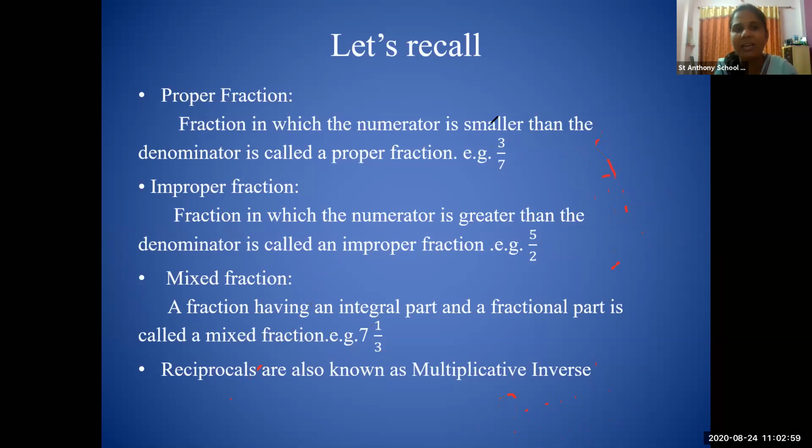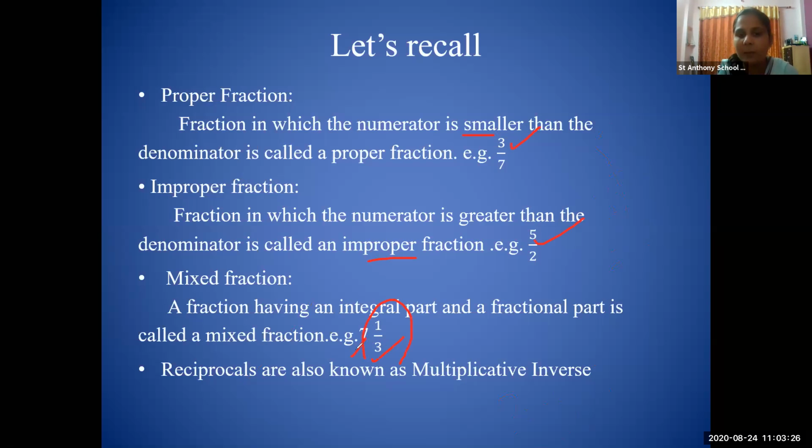There is no difficulty in proper fraction, improper fraction, mixed fraction and reciprocal. Here if the numerator is smaller, then it is a proper fraction. If the numerator is greater, then it is an improper fraction. If an integral part is there and a fractional part, जहाँ पे भी 1 upon 3, 2 upon 4, 5 upon 2 ऐसे part आता है, that is known as the fractional part.